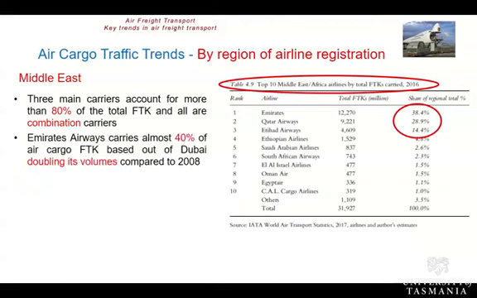Etihad has had considerable growth, and they're carrying around about 40% of the cargo that can be attributed to that particular region. And that has almost doubled over the last 6 or 8 years.